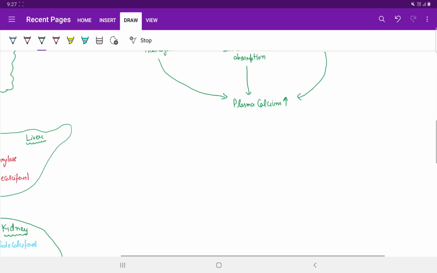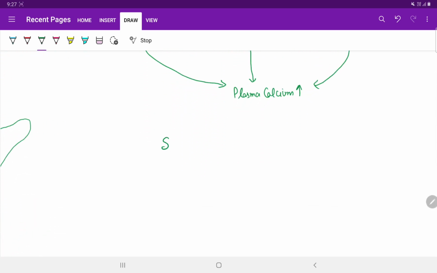The sources of vitamin D can be provided in three ways. First one is through the exposure of skin to sunlight, which leads to synthesis of vitamin D. The next one is consumption of natural foods.